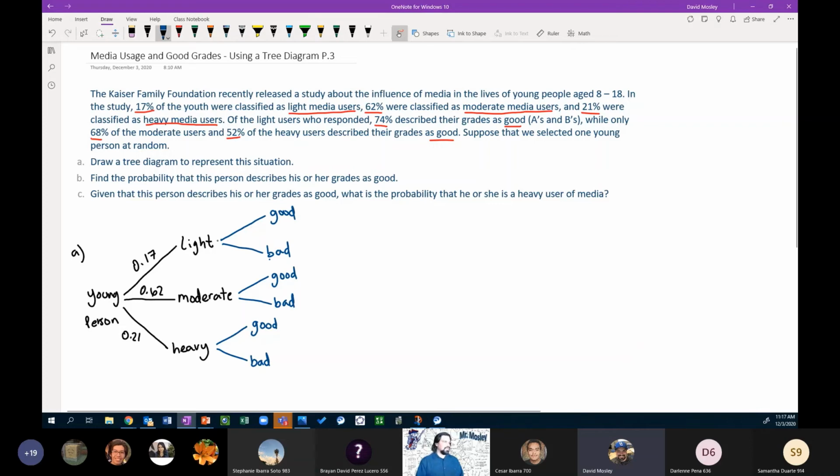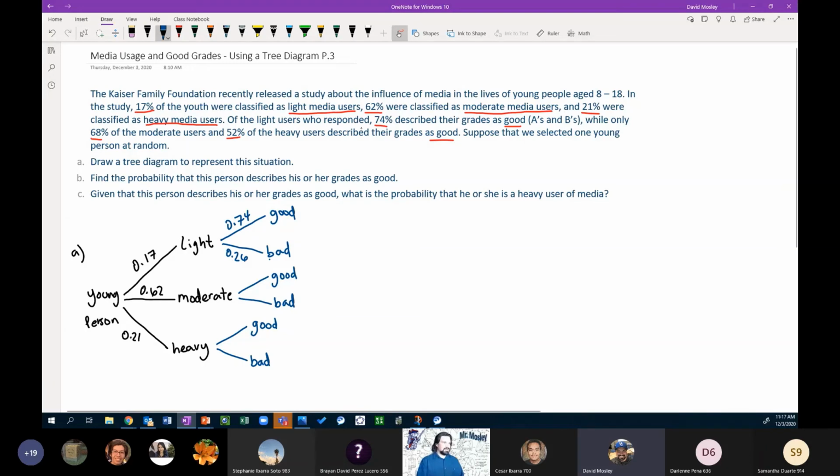And the light media users, 74% describe their grades as good, so we have 0.74, leaving 0.26 for bad. Wherever from a source, the branches coming from a source have to add up to 1. It has to account for 100% of the probability.